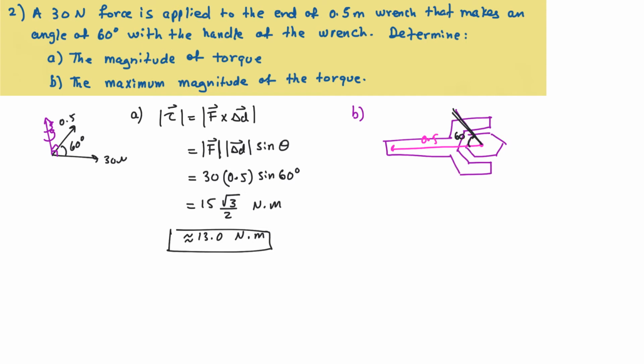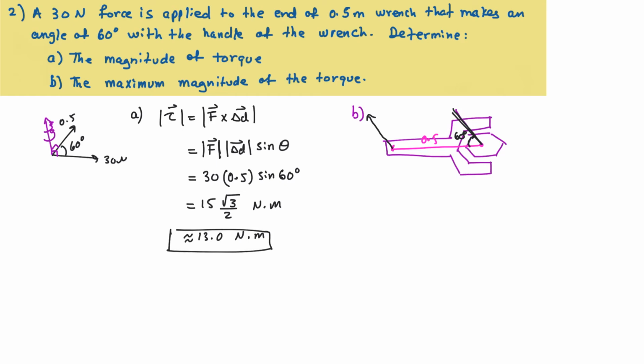If I were to draw that here, somebody is pushing right here, but the angle is 60 degrees. To exert the maximum torque, we need the highest possible perpendicular component in this direction. So we want to take that 30 Newton force going at an angle and apply it completely perpendicular, meaning that we change the angle theta from 60 to 90 degrees, and that will give us the highest possible ability to rotate.